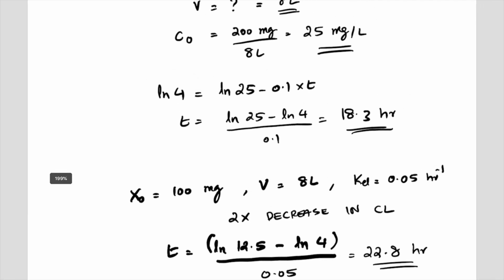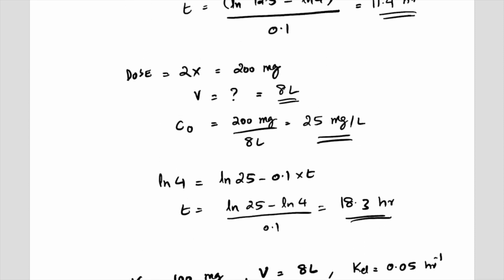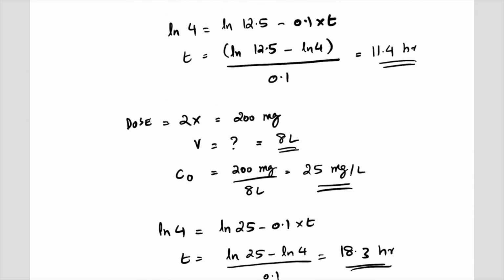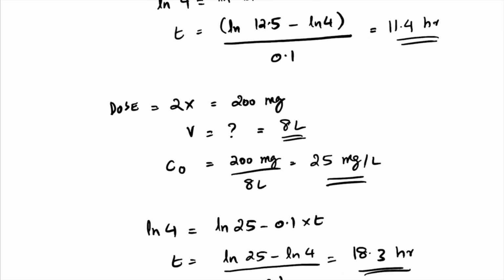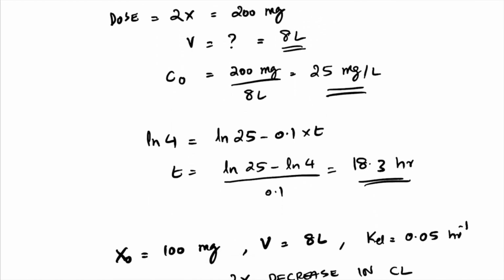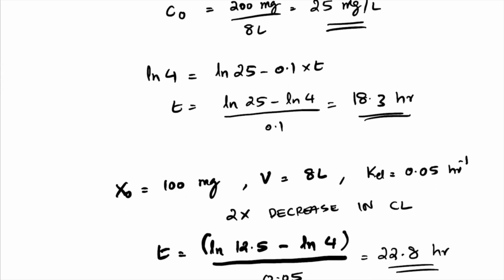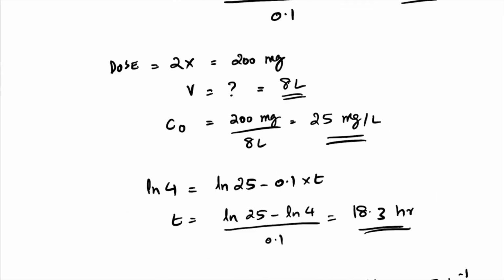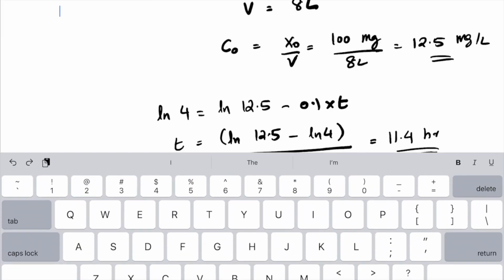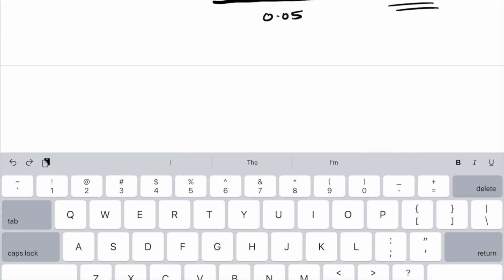So if you compare the first duration, when the elimination was 0.1, to now, the duration has almost doubled for a change in KEL. And in this example the KEL decreased because there is a twofold decrease in clearance.